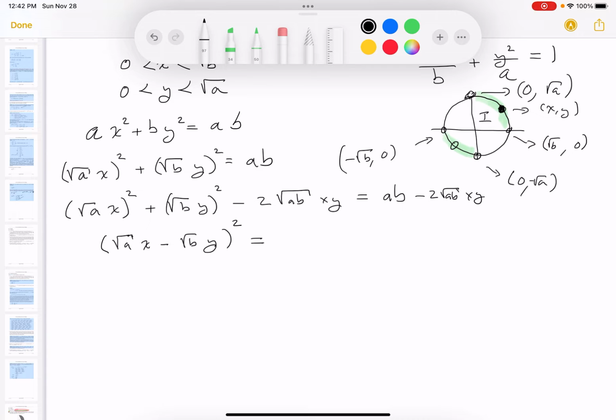Let me see, I'd get that, and I get that, minus 2. Yeah, I got that. Let me write this over here. This is going to be ab minus 2 root ab xy. So at least I got an xy in the problem, right? I got to keep looking at this to see where I'm going to go with that. But I know I want to get that xy business there.